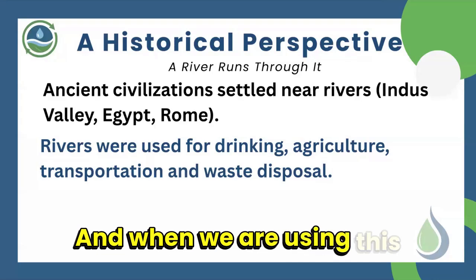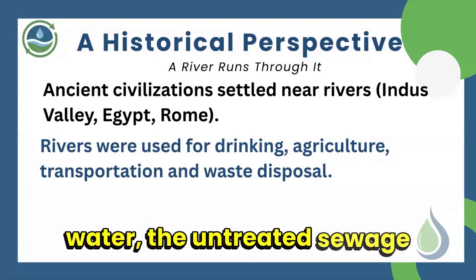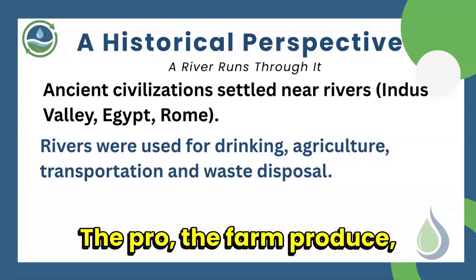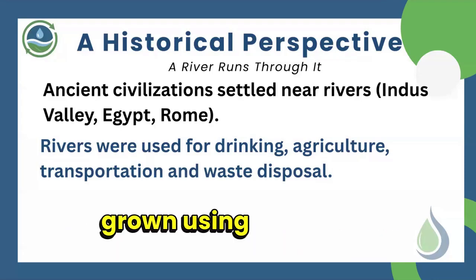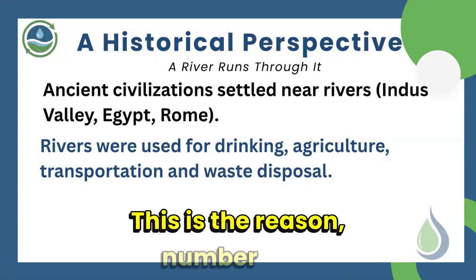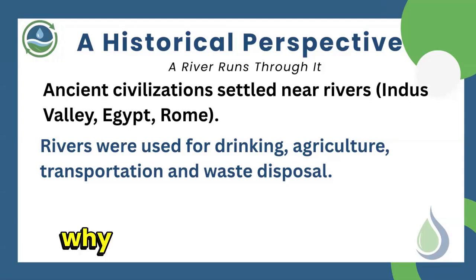And when we are using this water, the untreated sewage contained in the water is being used for agriculture. The farm produce, like the vegetables that are grown using untreated sewage, are highly dangerous for human health. This is the reason number one why we need to treat sewage.